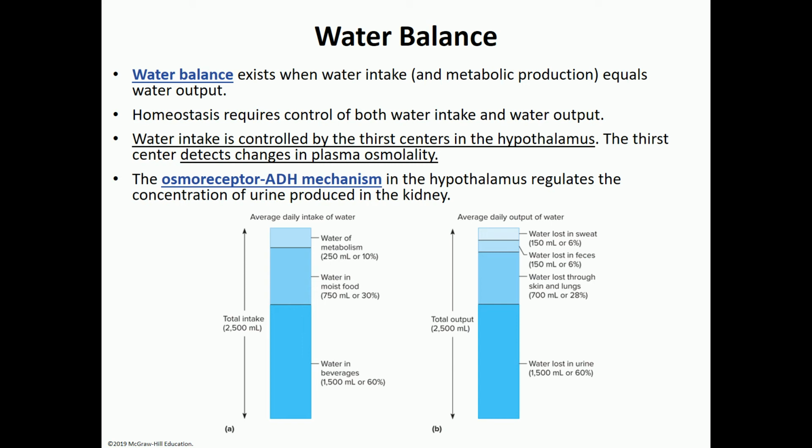That is going to make sure that water is reabsorbed back into the body and is not lost in urine. Okay, and again, I would definitely recommend, if you do not remember this part of ADH, that you go back and review that in chapter 20.